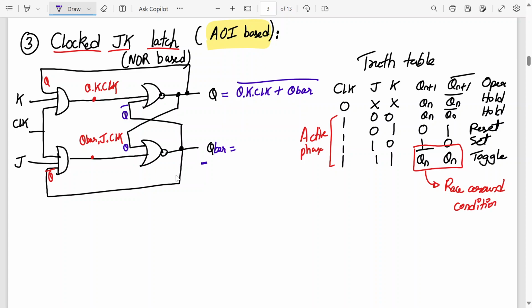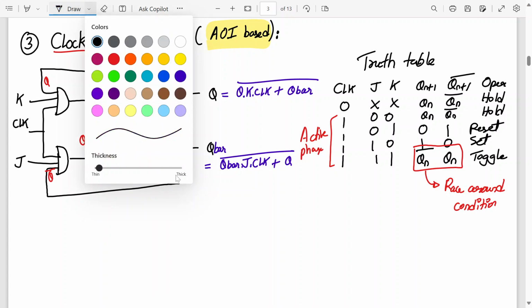Q bar will be similarly Q bar dot J dot clock plus Q, the whole bar. Is this correct? Yes, sir. Okay, please write it down separately.